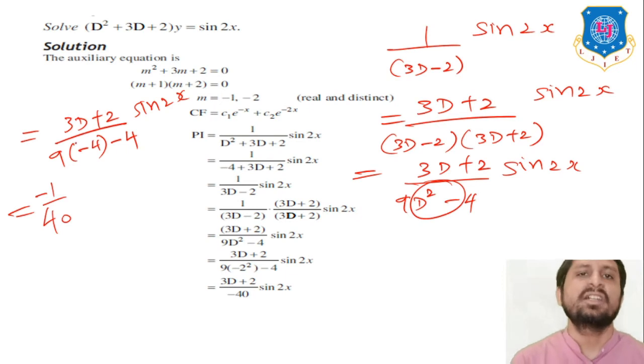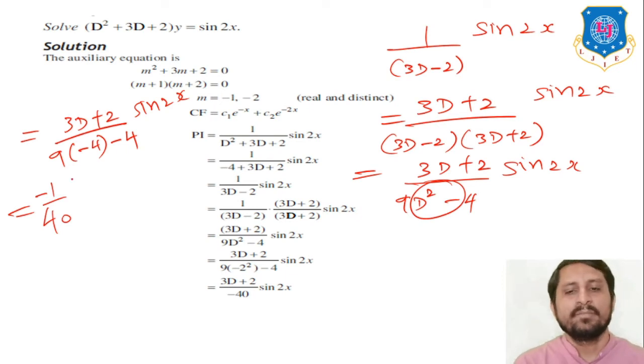Now this capital D in the numerator is nothing but the differentiation of the function. So 3D into sine 2x: differentiation of sine 2x is cos 2x into 2, so 3 into 2 is 6, plus 2 sine 2x.